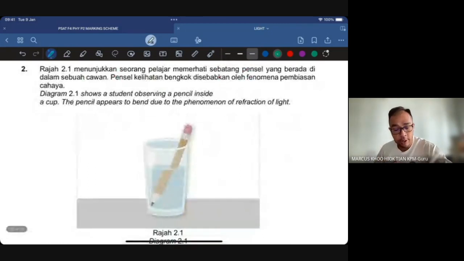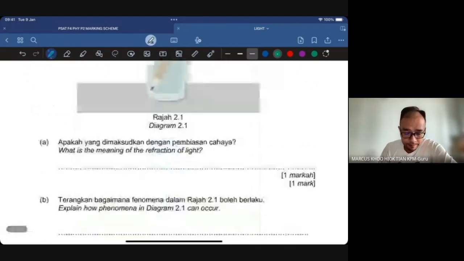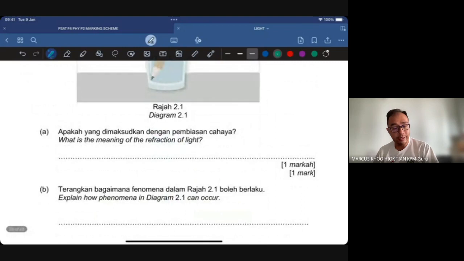This is a phenomenon due to the refraction of light. So what is the meaning of the refraction of light? The refraction of light is a change in velocity.